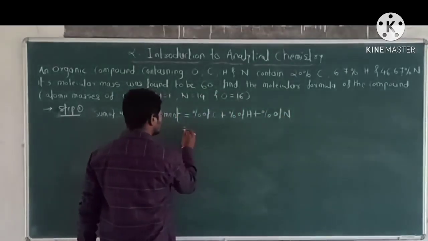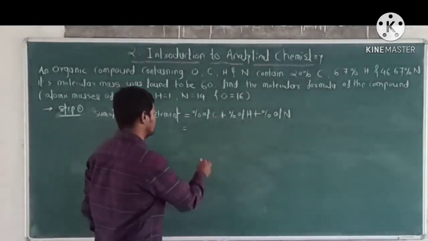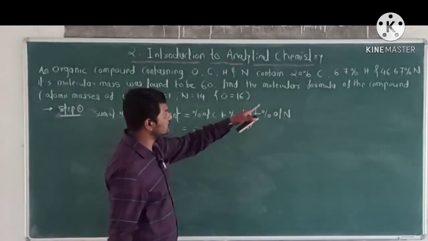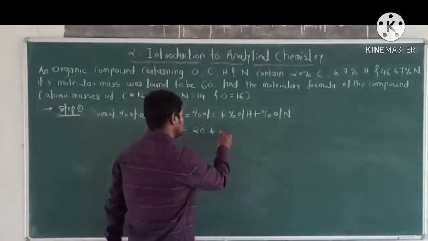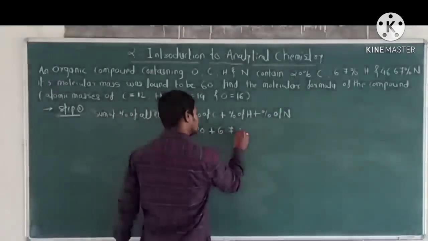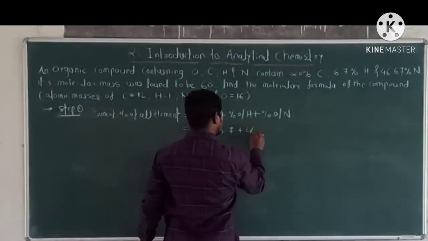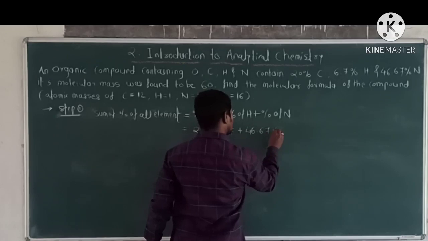The percentage of carbon is 20%, plus percentage of hydrogen is 6.7%, plus percentage of nitrogen is 46.67%.